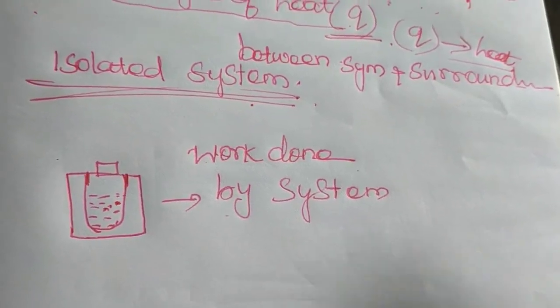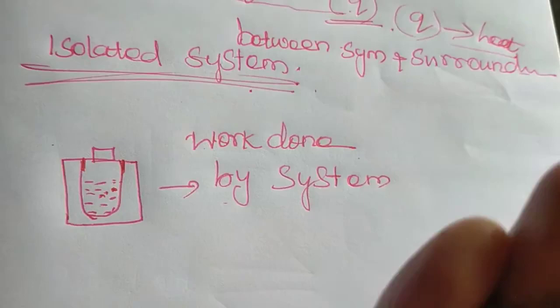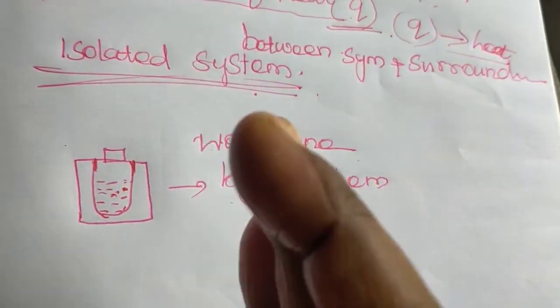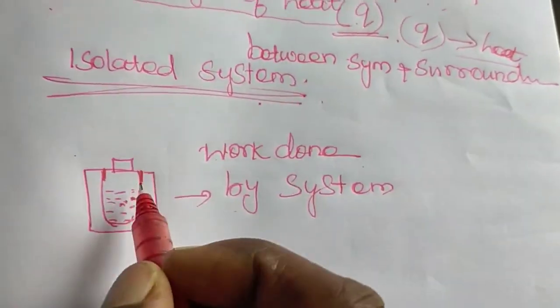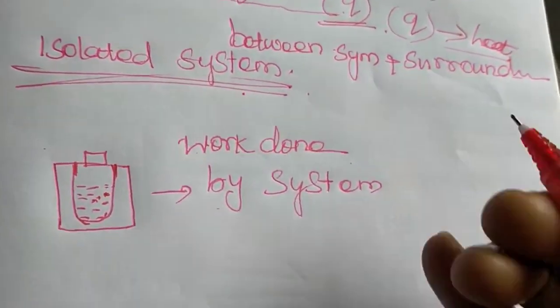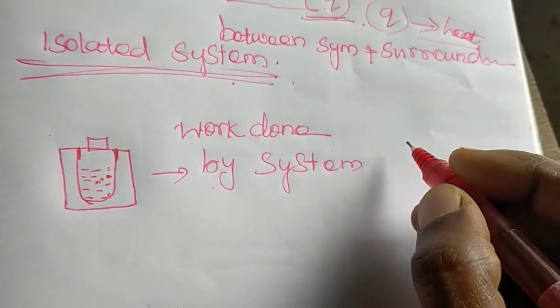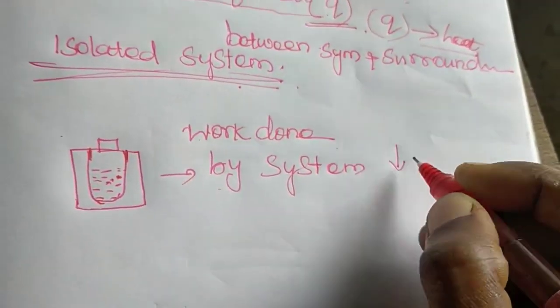Work done by the system means the system is releasing its temperature to the outside, to the surrounding. So that's why there is a possibility that the temperature of the system will decrease.